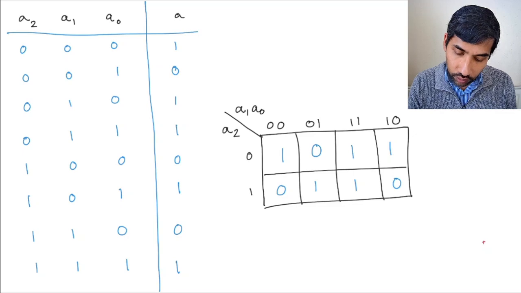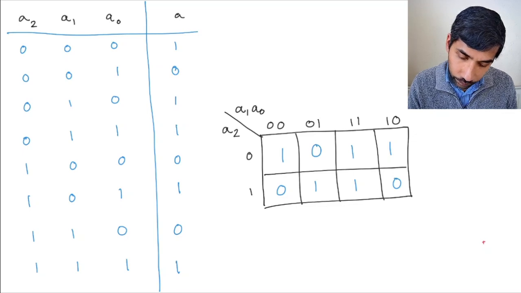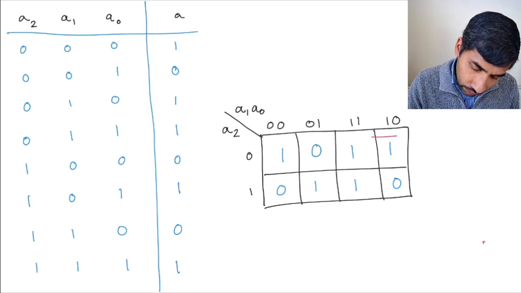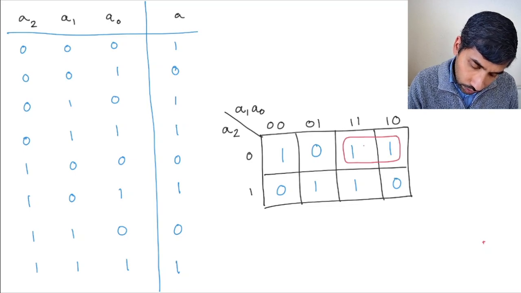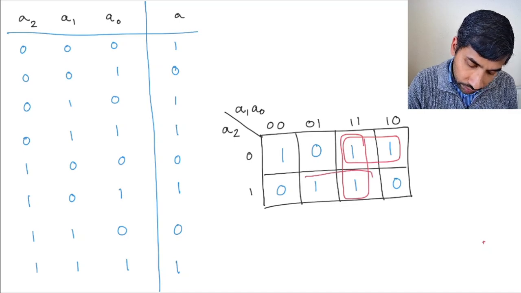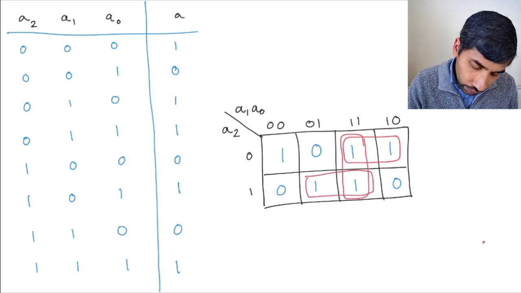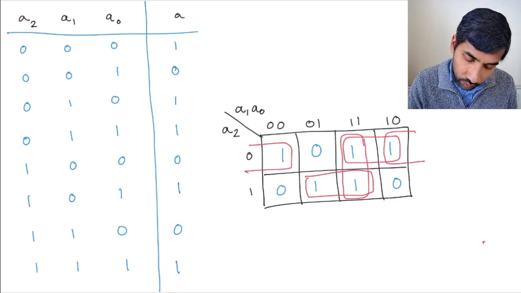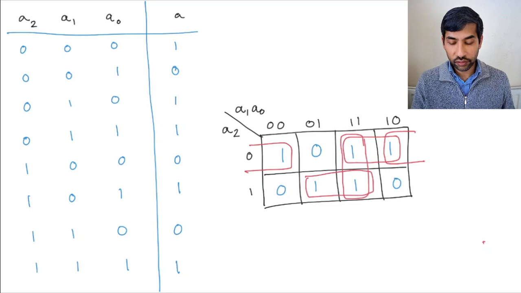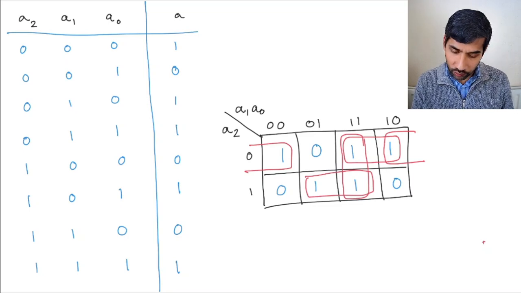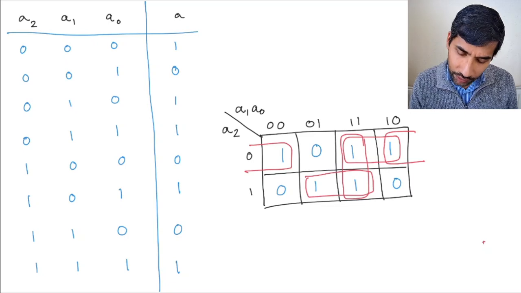To group the ones, let's make this a group. Let's make this one group. We can make this into another group, and I think we can take this and this into another group, right? So that covers all the ones. We can't make bigger groups. We can't make groups of 4 because that doesn't seem to be applicable here.